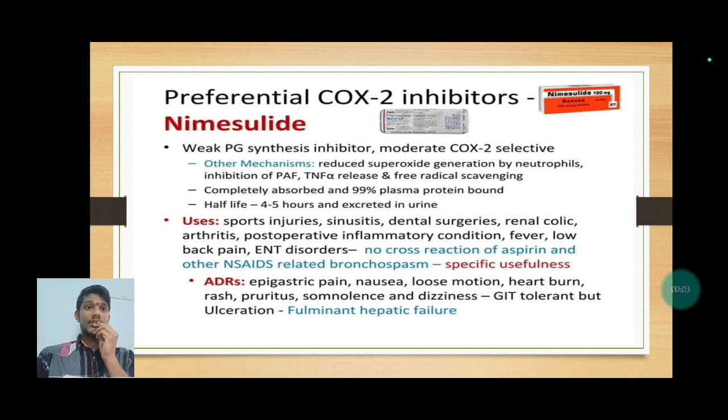Before starting with the main topic, we will discuss the difference between COX-1 and COX-2. COX-1 is a constitutive enzyme of our body which acts in normal conditions also, but COX-2 is an inducible enzyme.